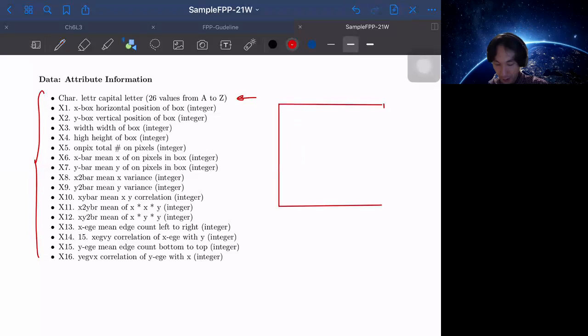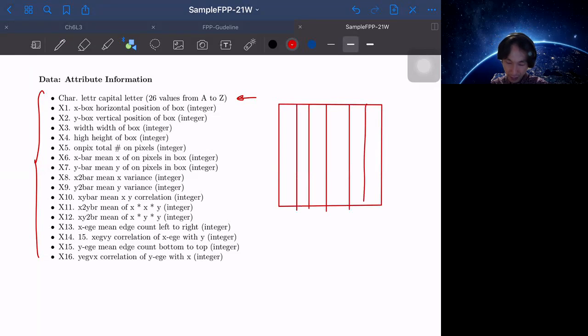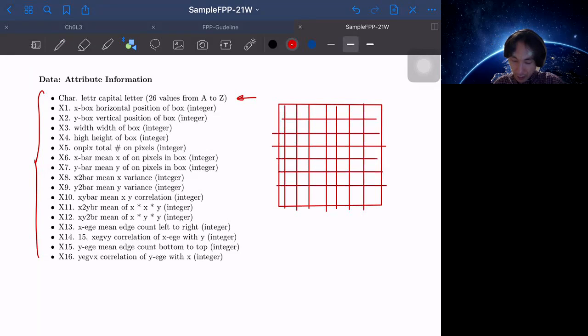So maybe we have pixels like these. Suppose A is like this, right? Maybe A is this letter, and this summarizes it. So this is A.